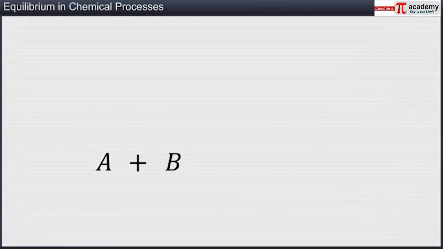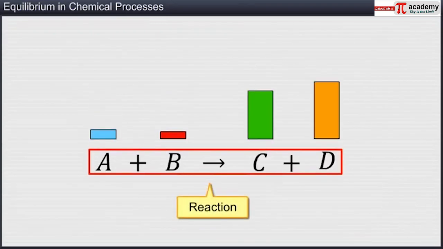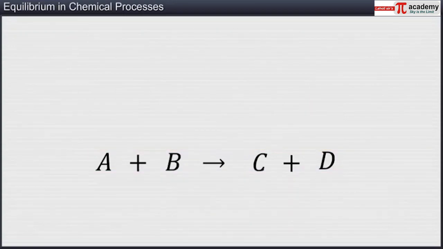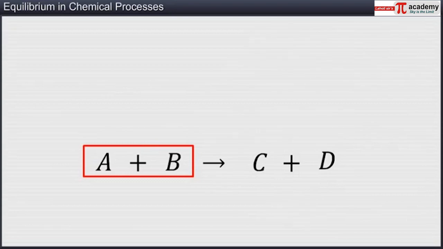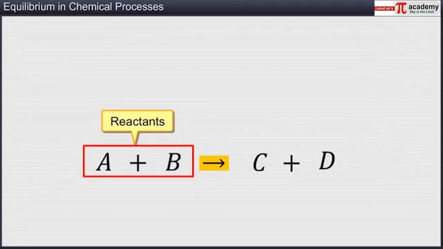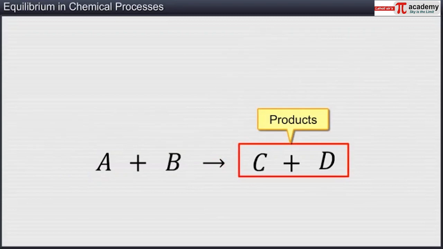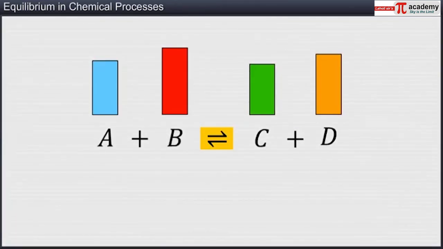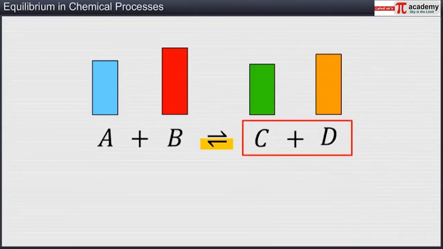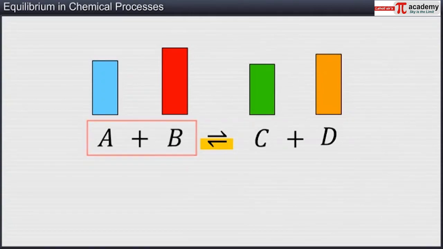In general, the transformation of one substance into another is known as a chemical reaction. The chemical substances used at the initial stage during such transformation are called reactants, and the final chemical substances formed as a result of the chemical reaction are known as products. A reversible reaction may be defined as a chemical change in which the products can be converted back into the original reactants under suitable conditions.